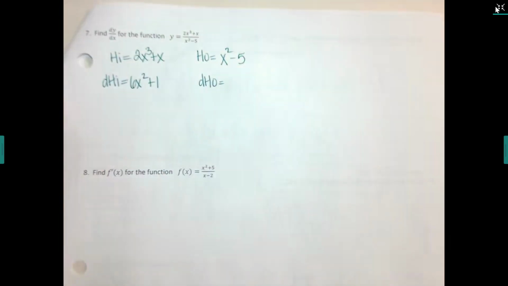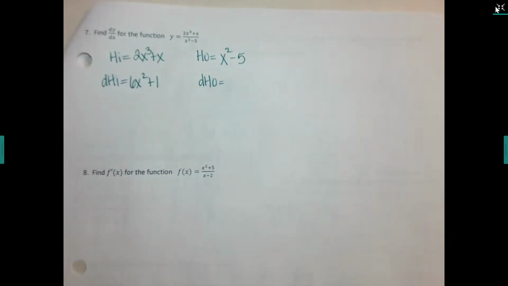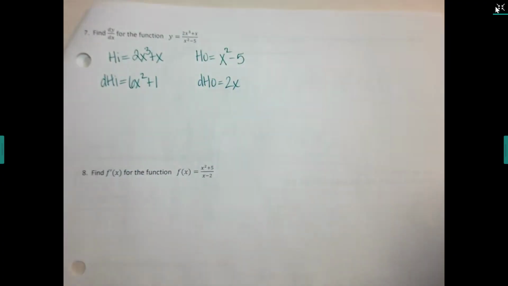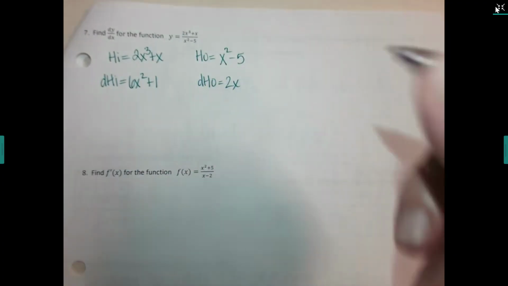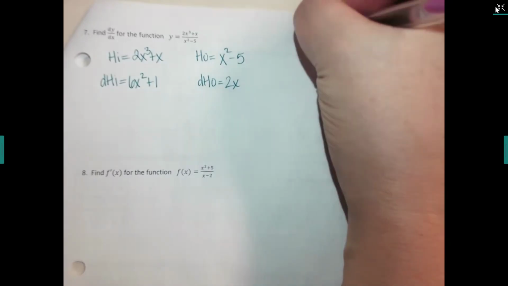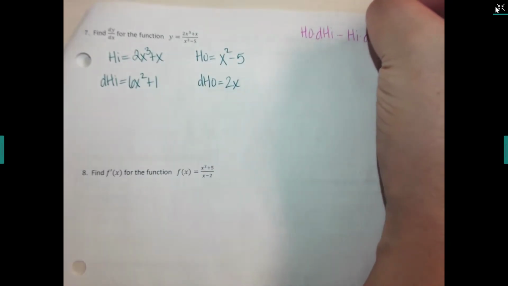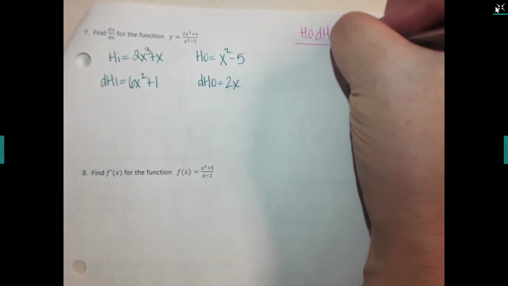Plus 1. Very good, because remember, the x would drop off, but the 1 would stay. For my d ho, what's the derivative? 2x, 5 goes away. Then remember, it has to be ho d high minus high d ho, because the ho's want to be on the corners.